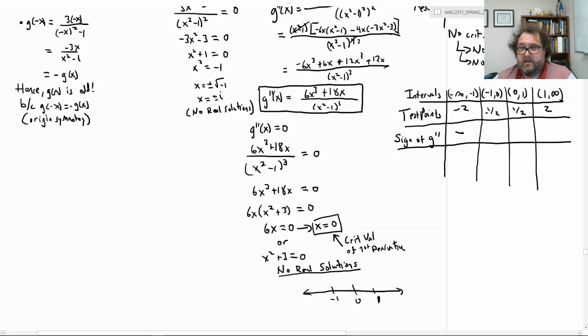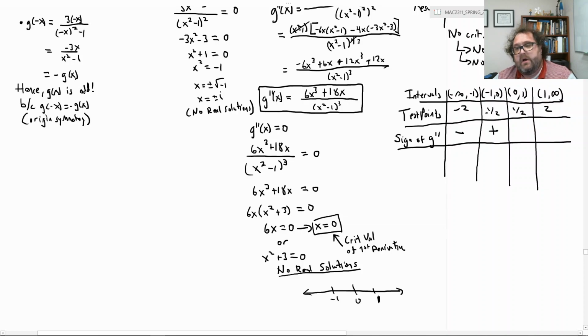On the denominator, -1/2 squared is positive 1/4. Positive 1/4 minus 1 is -3/4. -3/4 cubed is a negative number. So we have a negative numerator, negative denominator, and so we have a positive overall result.